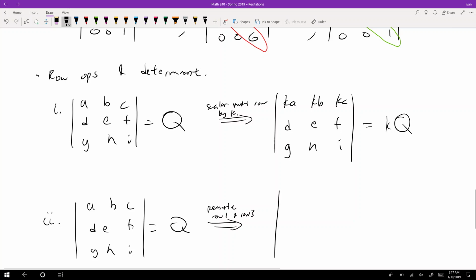So now I'm going to get G, H, I, D, E, F, A, B, C. And what's the determinant of this? Yeah, minus Q. So whenever we switch any two rows, our determinant goes from positive to negative, or just flips sign.